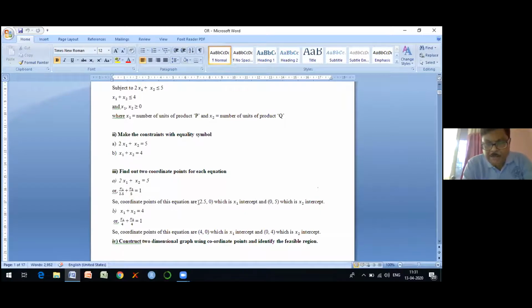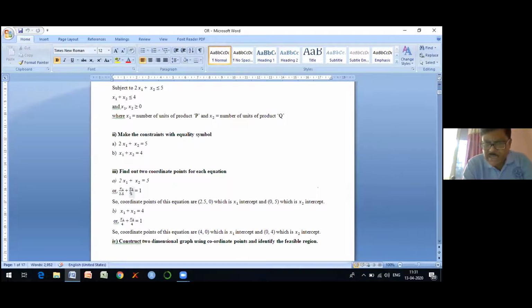Here the coordinate points of this equation, in this first case, x1 value is 2.5. Therefore, x2 will be 0. x1 value is 2.5, and here there is no value of x2. Therefore, we are assuming x2 equal to 0, which is the x1 intercept.